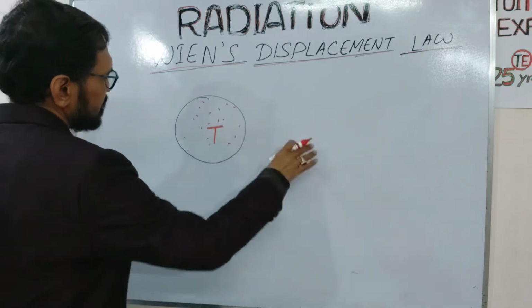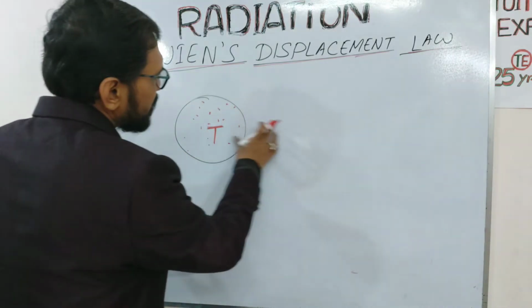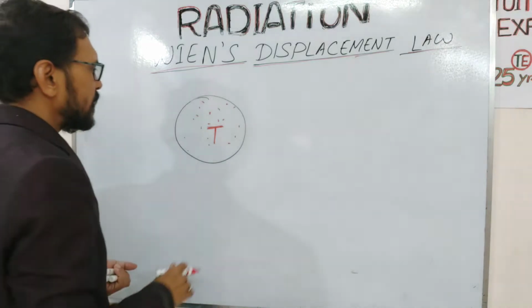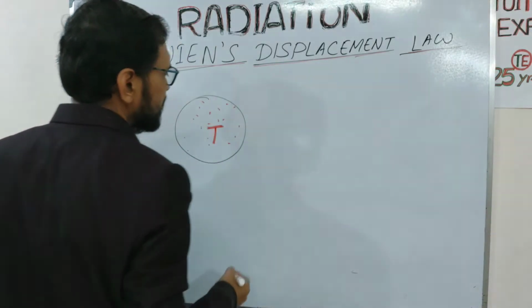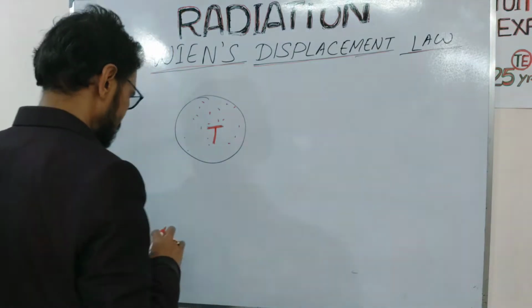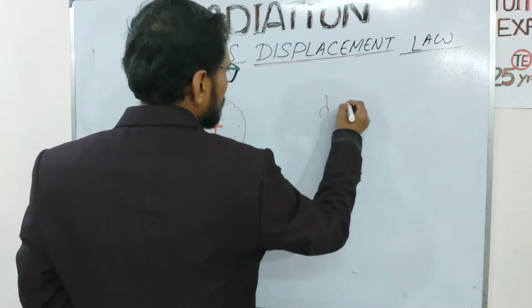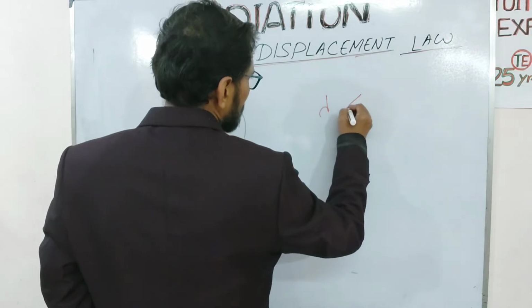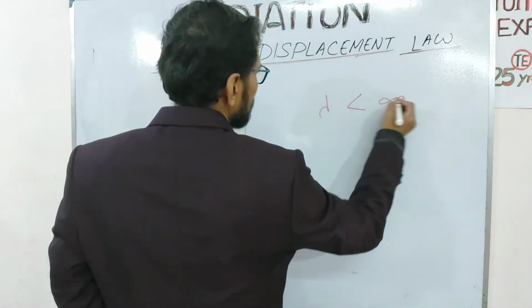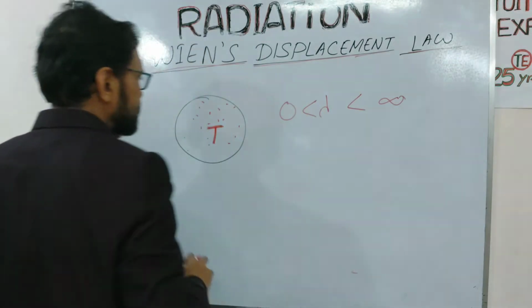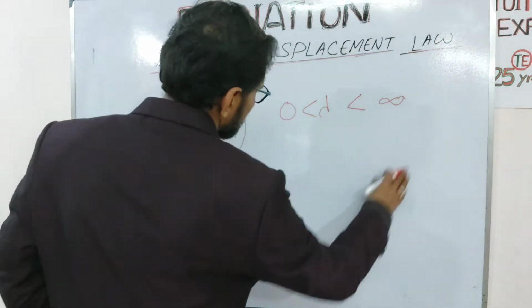As time increases, gradually the body becomes colder. We know that. Now at a particular temperature, it radiates all the wavelengths, that is, the range of wavelength from infinity to 0. It radiates all the wavelengths.